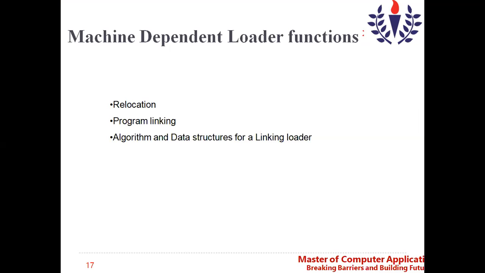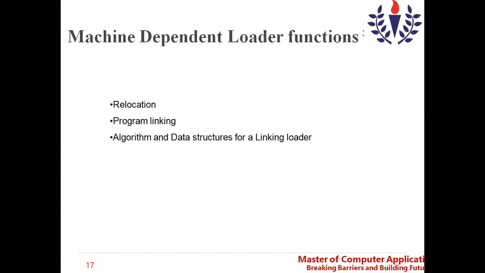And the linker does the linking process to resolve the external references. The allocation and loading will be done by the loader to allocate the memory for the program, as well as load the program into the memory for execution. These are the different functions to be done by the loader and linker.